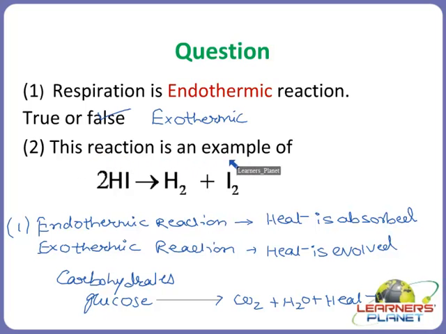Now let's take up the next question over here. This reaction is an example of: 2HI gives H2 plus I2. Now your hydrogen iodide is being cleaved into hydrogen and iodine. So what type of reaction is it? It is a decomposition reaction.